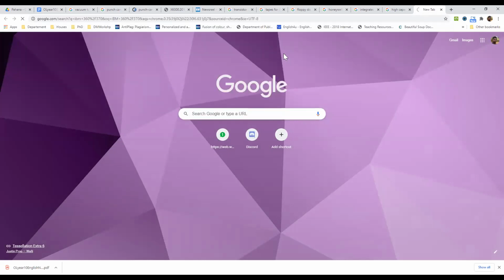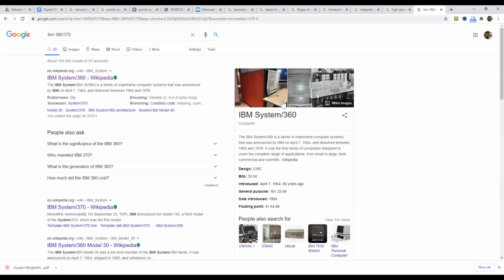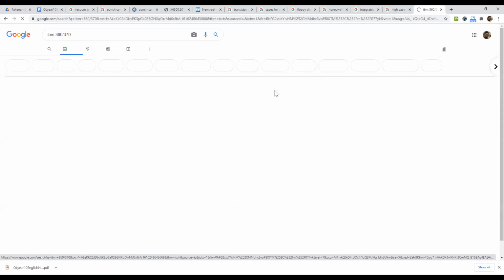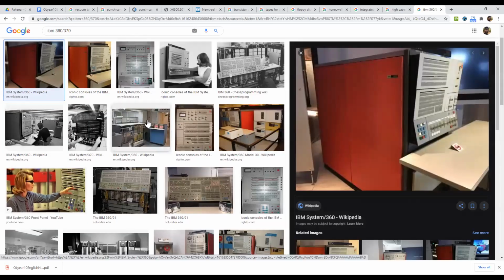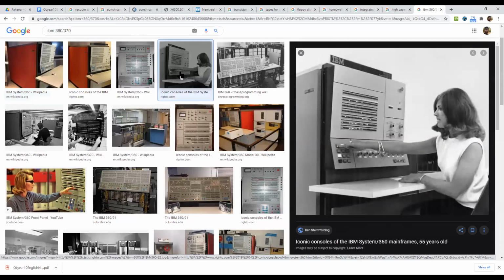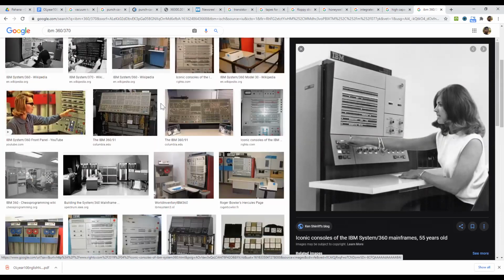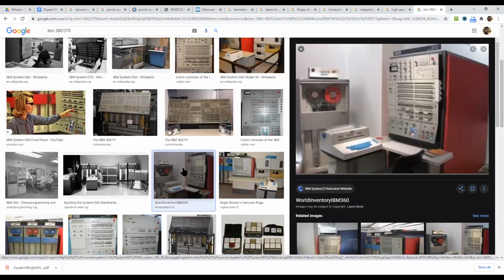So let me show you IBM 360. The computer is something similar to this one, right? Something similar to this. So I told you about the keyboard, and this was the keyboard.